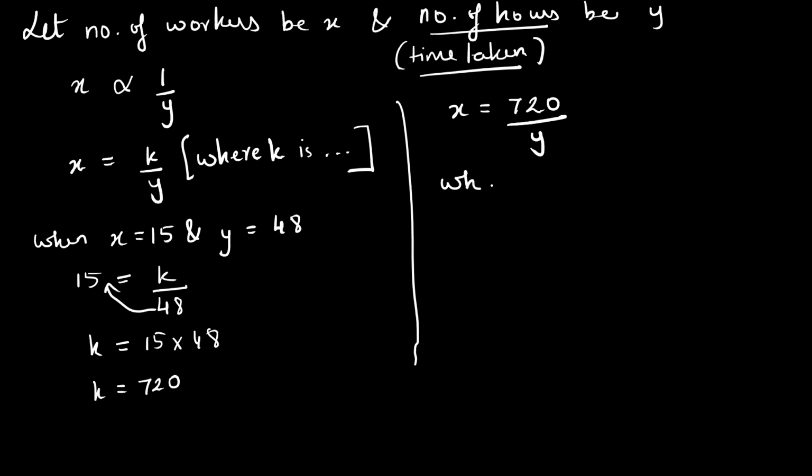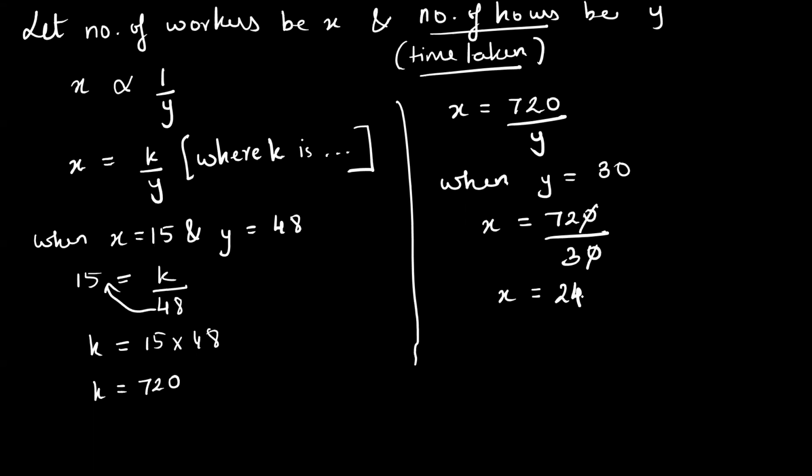So now they have given us Y equals to 30. So X equals 720 upon 30. Therefore X is equal to 24.